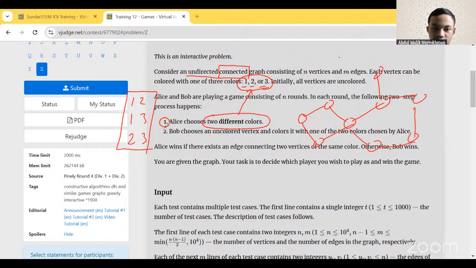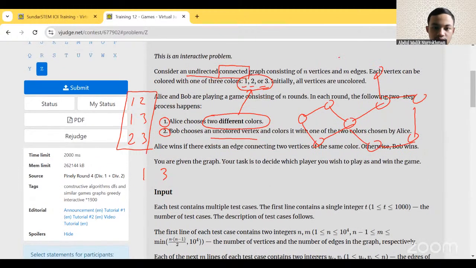After that, the second player, let's say he is Bob, will color an uncolored vertex with one of the colors given by Alice. For example, Alice gives him colors 1 and 3, so Bob can color an uncolored vertex with 3 or with 1.